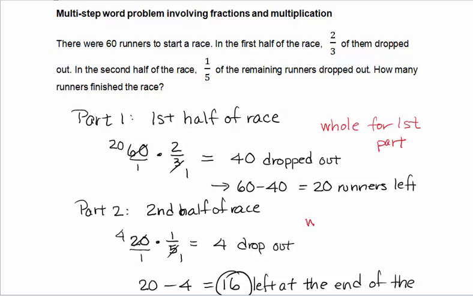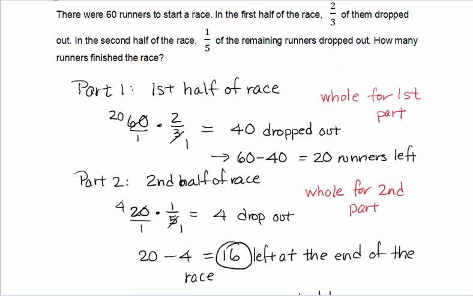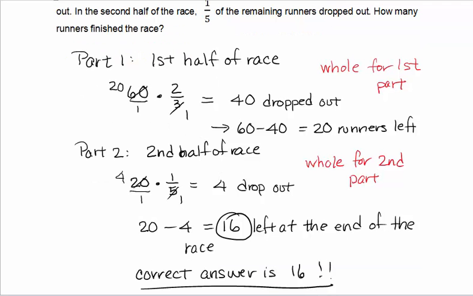And then my new whole becomes 20 for the second part. Okay, I hope that explained it a little bit. The difference of why you can't just add the fractions first and then multiply that by the whole. You have to do it in a two-step solution like I showed here. Okay?